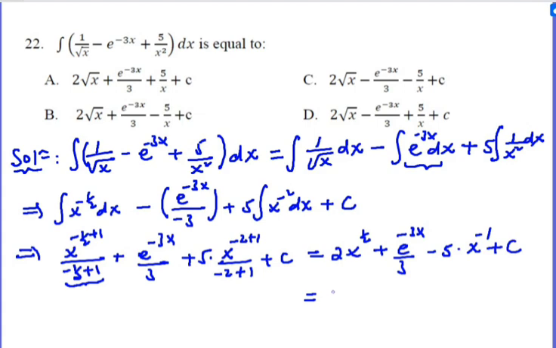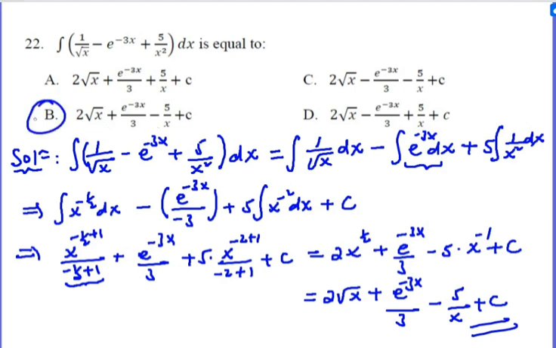Therefore this can be written as 2 radical x plus e to the power of minus 3x over 3 minus 5 over x. x to the power of minus 1 is 1 over x. Therefore we can write like this. So this is exactly the integral of the given expression. So our answer will be this one.